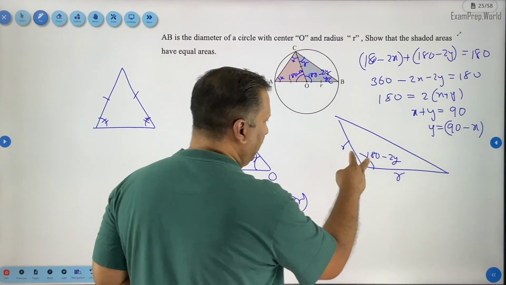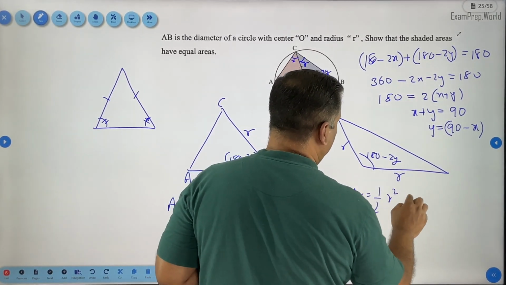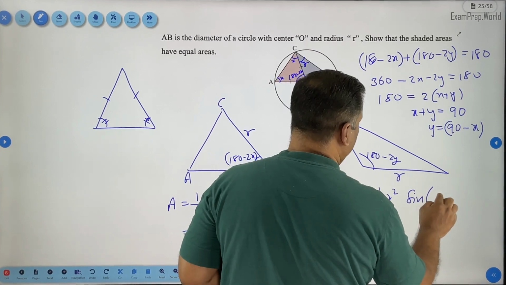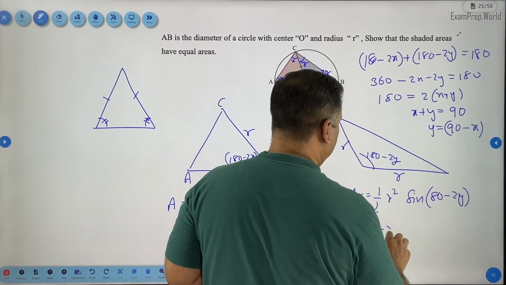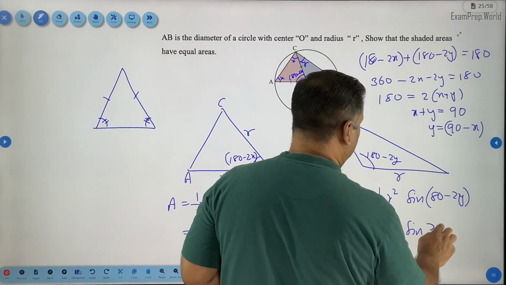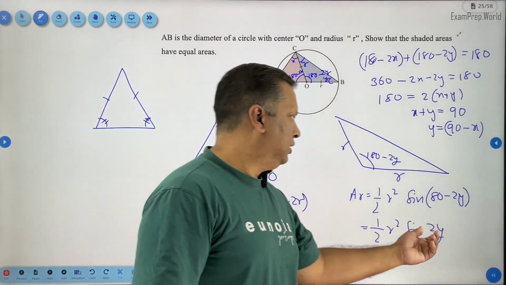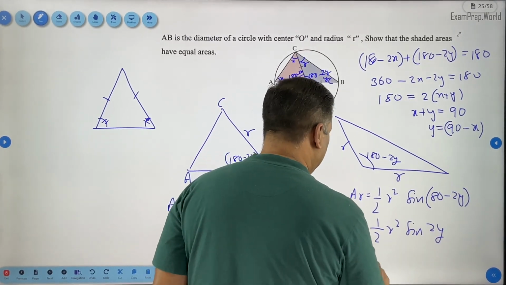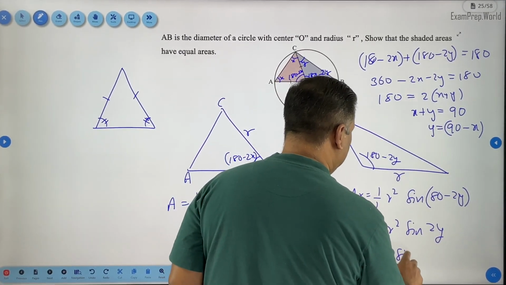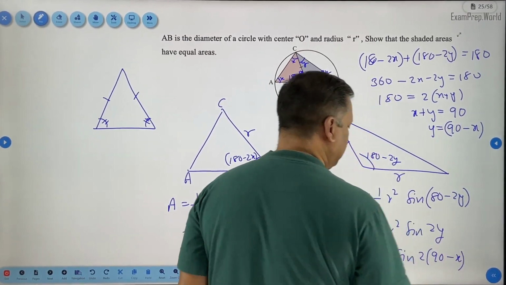So here if I apply this one, area half r square sine of 180 minus 2y is half r square sine of 2y, right? But y is 90 minus x. So in this way I will apply that. Half r square sine of 2 times 90 minus x.